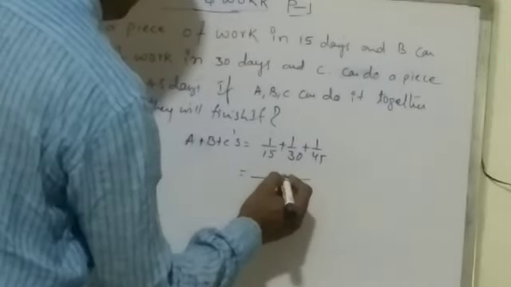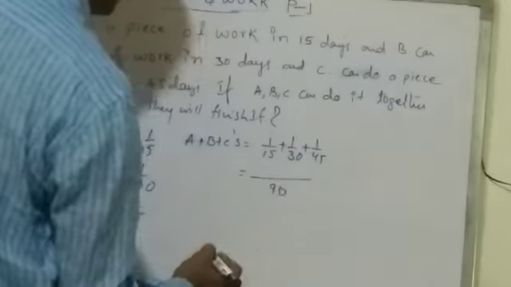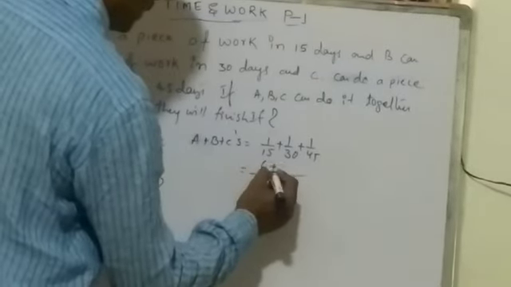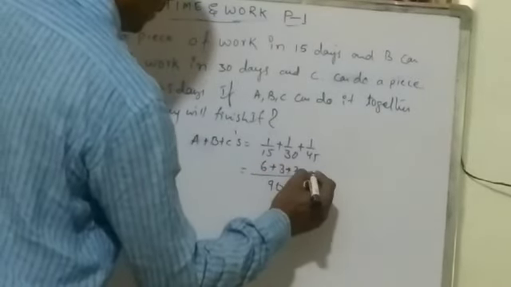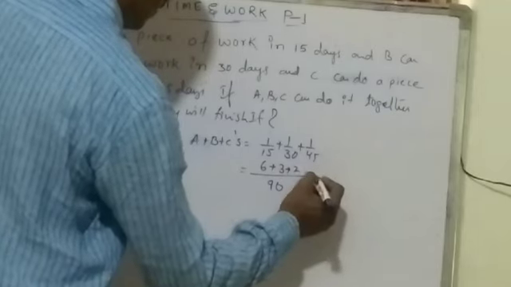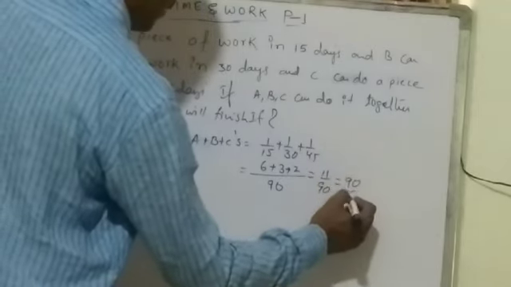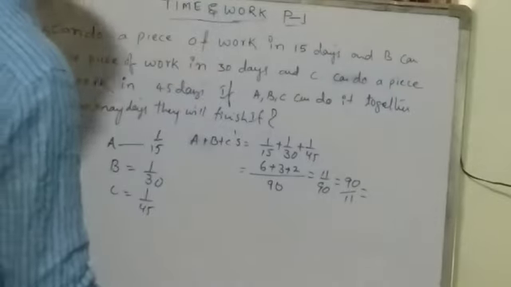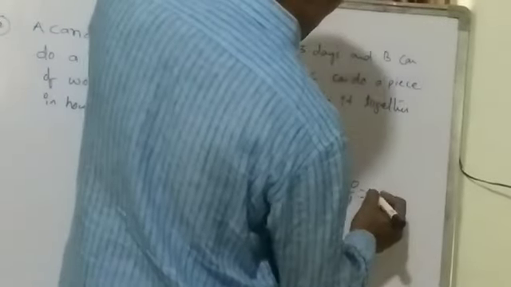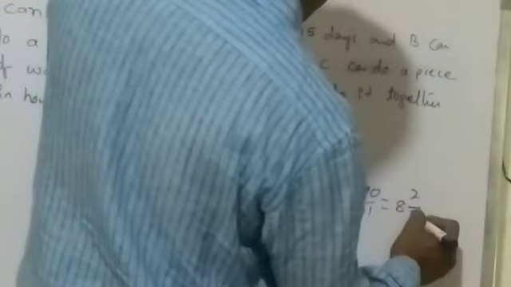The LCM will be 90. So here it will be 6 plus 3 plus 2 is equal to 11 by 90. So the time is 90 by 11, which is 8 2 by 11 days.